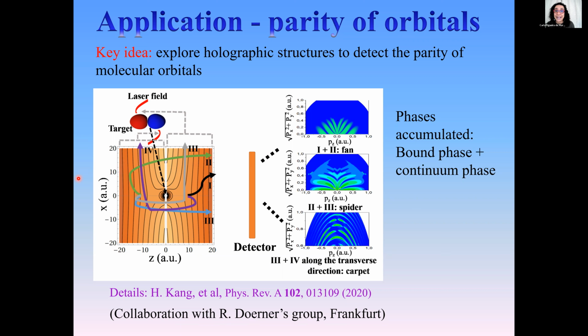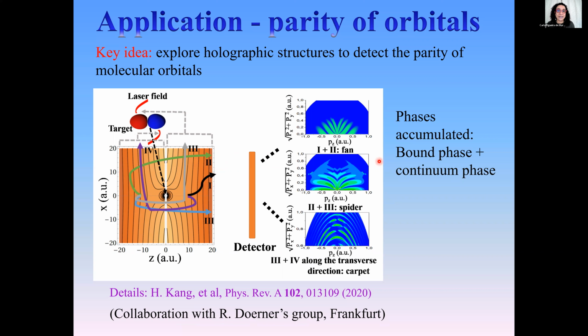You know that depending on how things go in the continuum, phases are going to be accumulated. First, you have a phase coming from the bound state, and a phase accumulated in the continuum when the electron is propagating. For instance, here we have orbits 2 and 3 leaving from opposite sides of your detector.